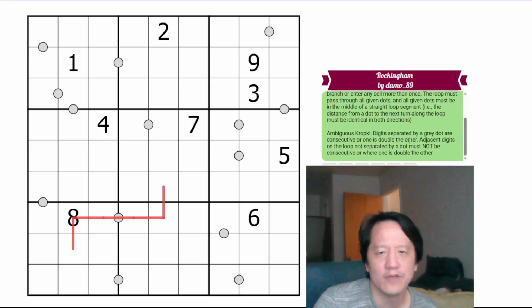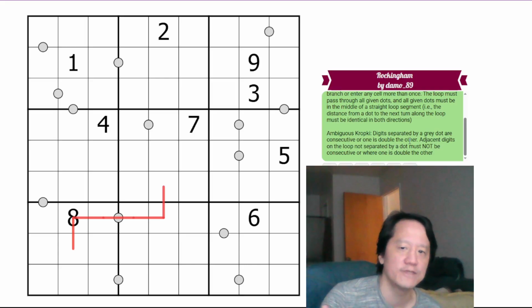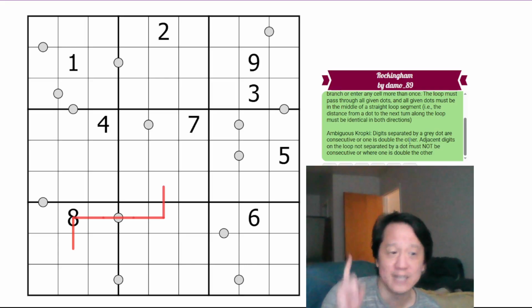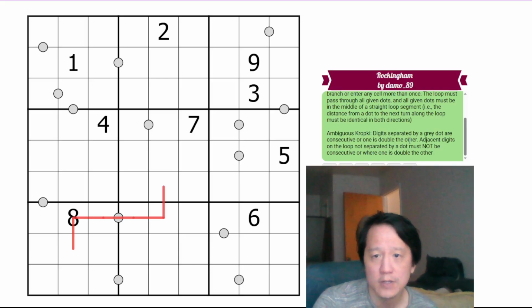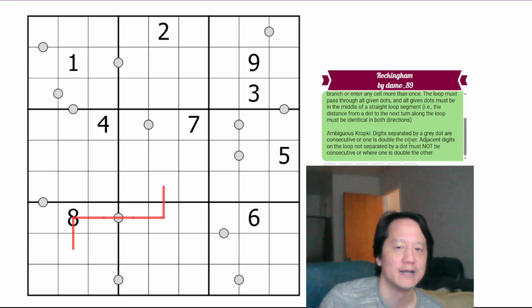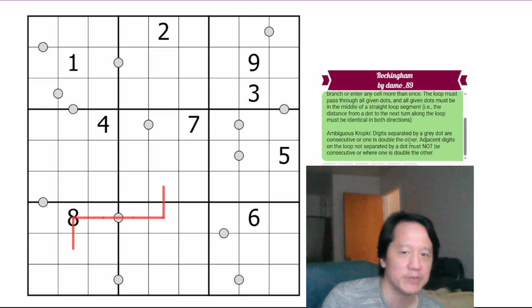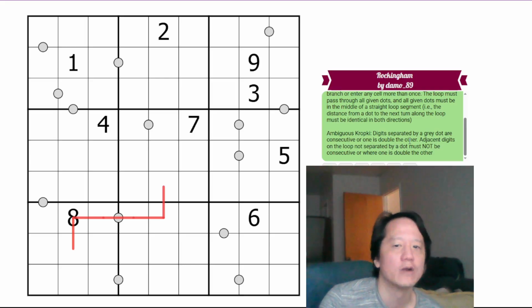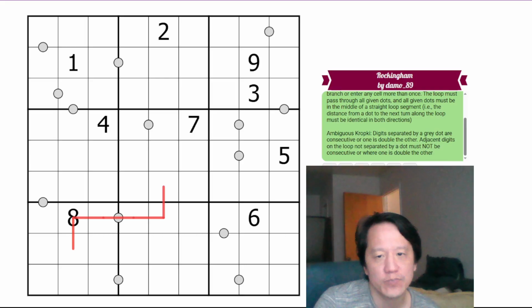We also have ambiguous Kropki, where digits separated by a gray dot are consecutive or one is double the other. Adjacent digits on the loop not separated by a dot must not be consecutive or where one is double the other.